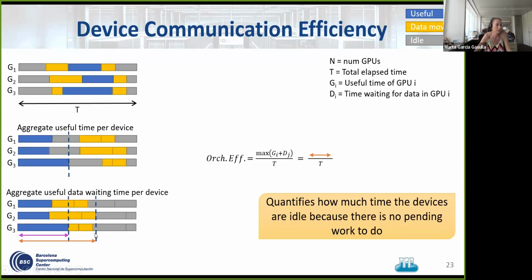We compute it as the ratio between the maximum of the useful and the data movement divided by the total time. This metric tells us how much time the devices are idle because they don't have pending work to do, either because the CPU has not offloaded enough work or because there are dependencies between the kernels that cannot be executed.